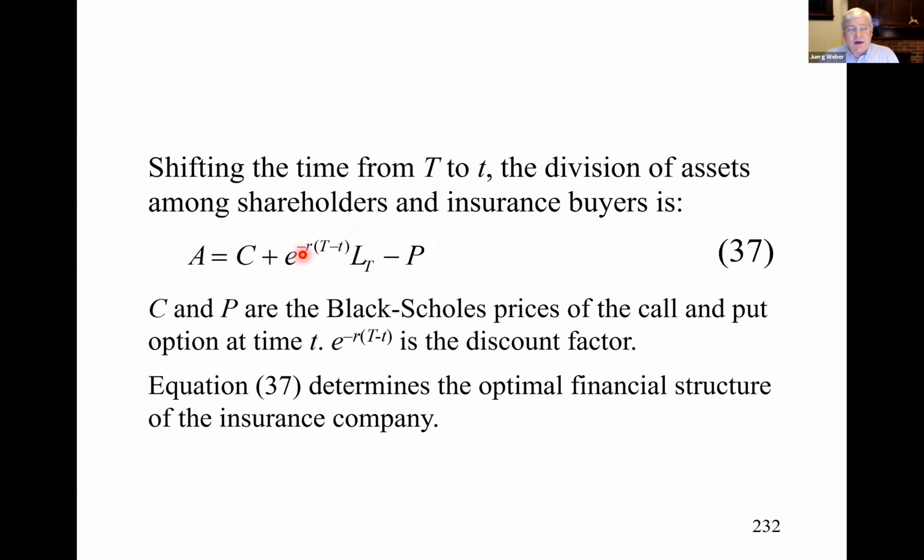So that's a discount factor. We just discount it here in continuous time using the Euler number. Up here I have a negative interest rate. As the interest rate, I have a minus sign, and so that's discounting.